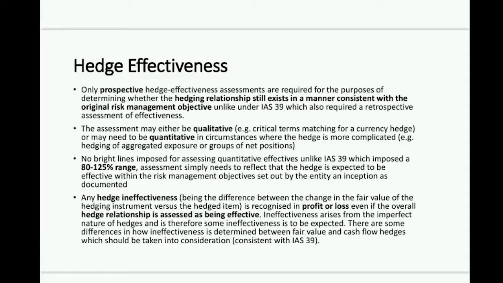They're hardly ever in the real world going to match each other out perfectly. So there's always going to be an element of hedge ineffectiveness. To the extent that the hedges are ineffective, in other words, not perfectly correlated, the element of ineffectiveness, i.e. the extent of over or under compensation, is recognized in profit or loss.